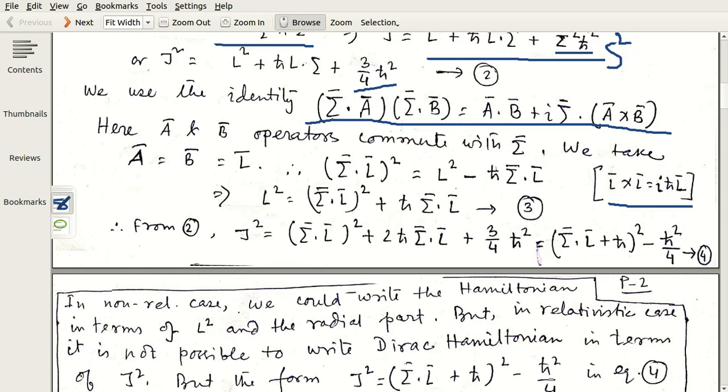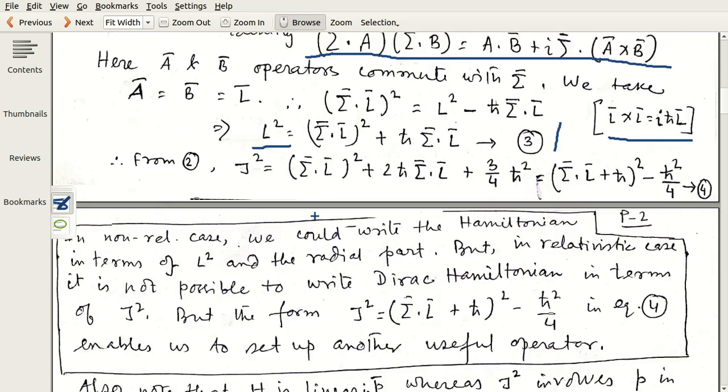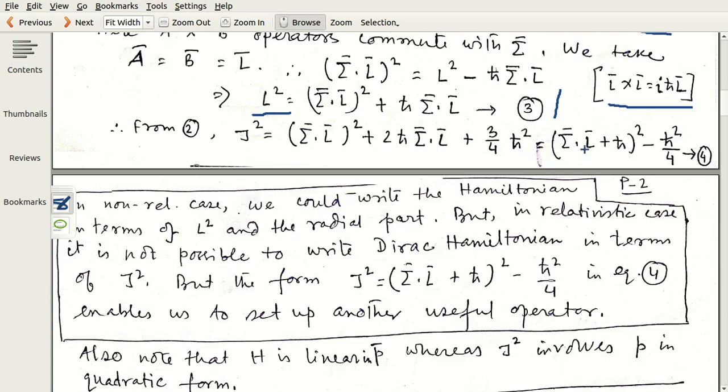So L cross L is i h cut L. You have done it in angular momentum algebra, a very elementary step. So you use it and replace this L square in the J square equation, this equation. So in the J square equation you replace this L square from equation 3 and obtain an expression like J square equals sigma dot L plus h cut whole square minus h cut square by 4.